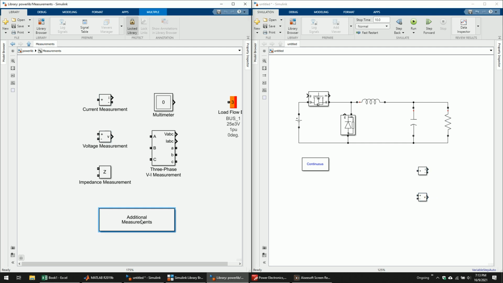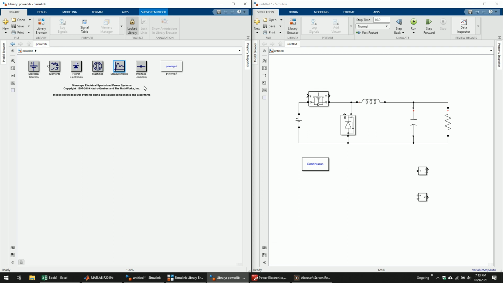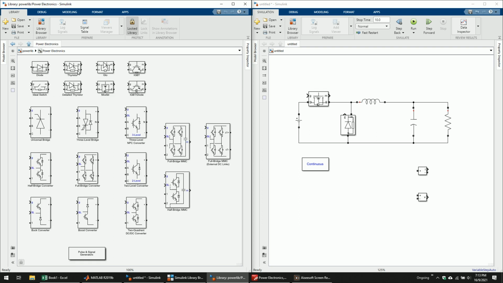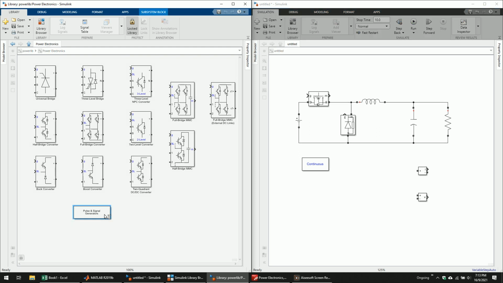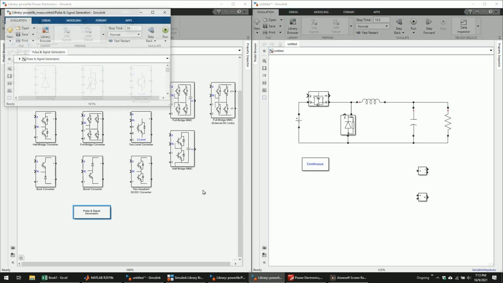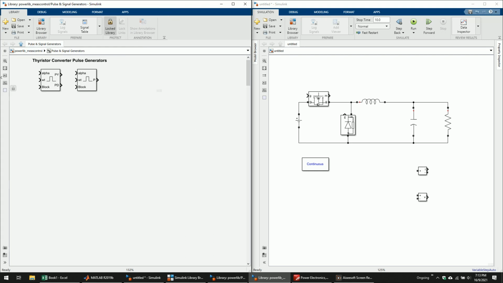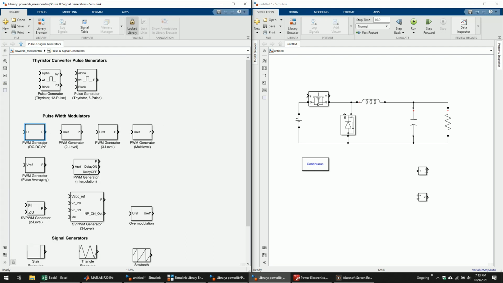Remember that a buck converter requires a pulse width generator, so go inside the power electronic and at the bottom go to pulse and signal. You choose the PWM generator DC. Make sure you choose this one.